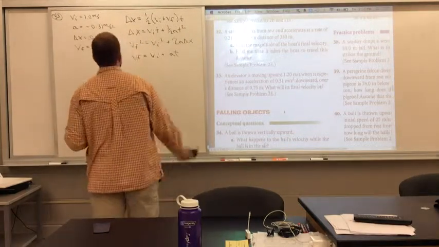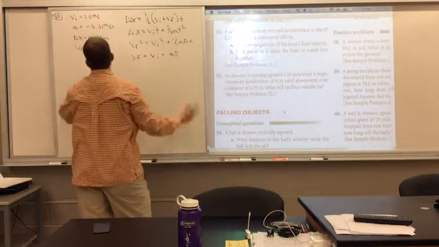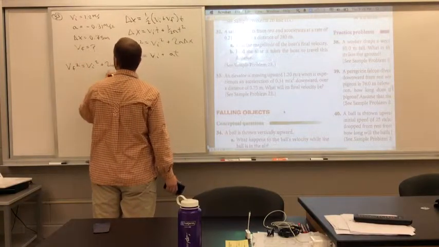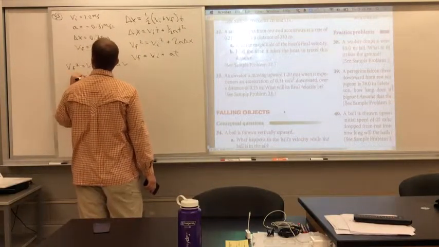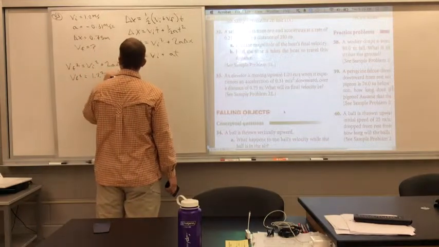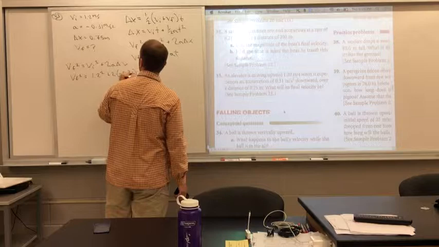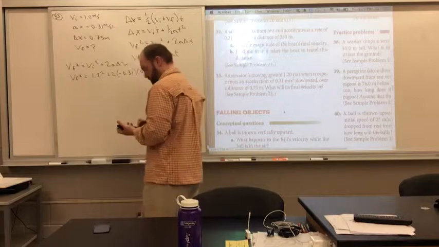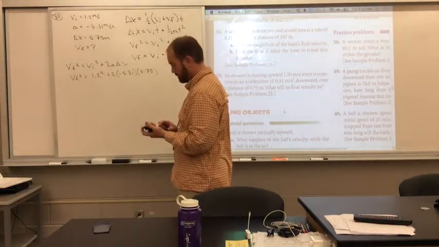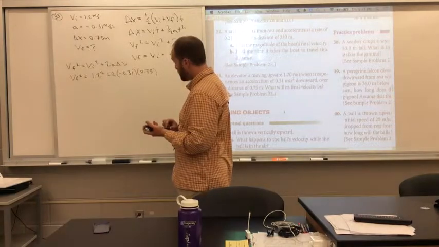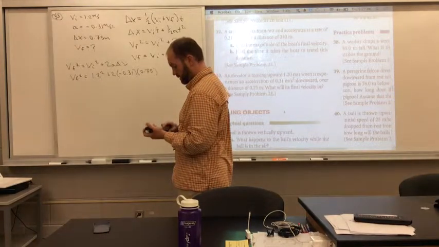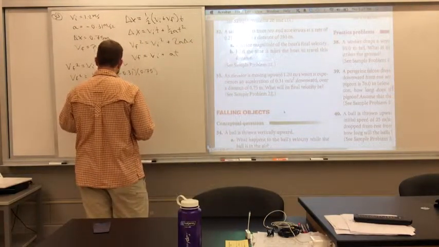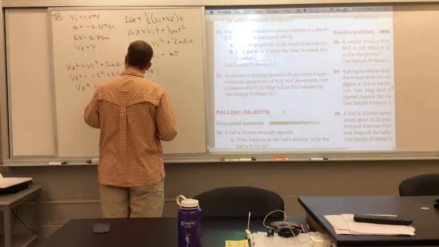Well, we could use this guy right here. Vf squared equals Vi squared plus 2a delta x. Vf squared equals 1.2 squared plus 2 times negative 0.31 times 0.75. 1.2 squared plus 2 times negative 0.31 times 0.75 gives me 0.975.